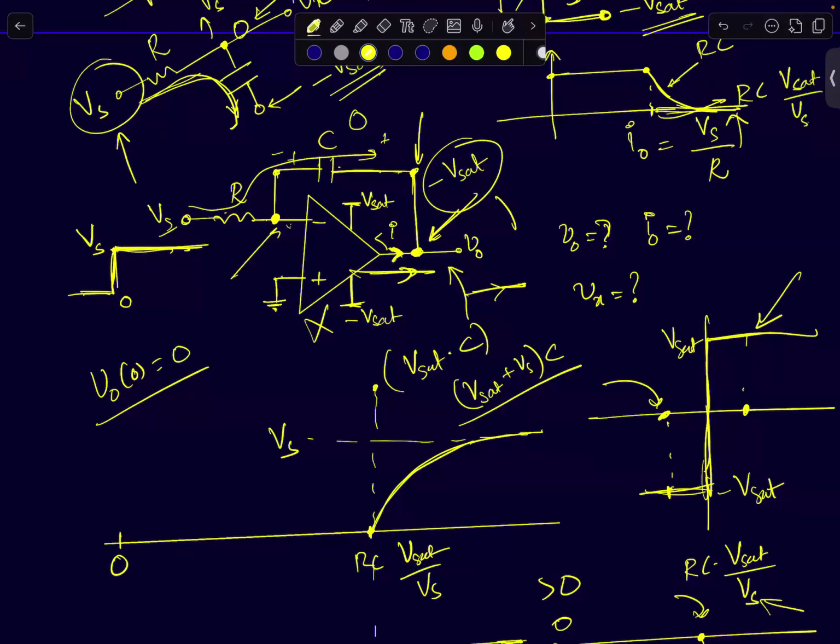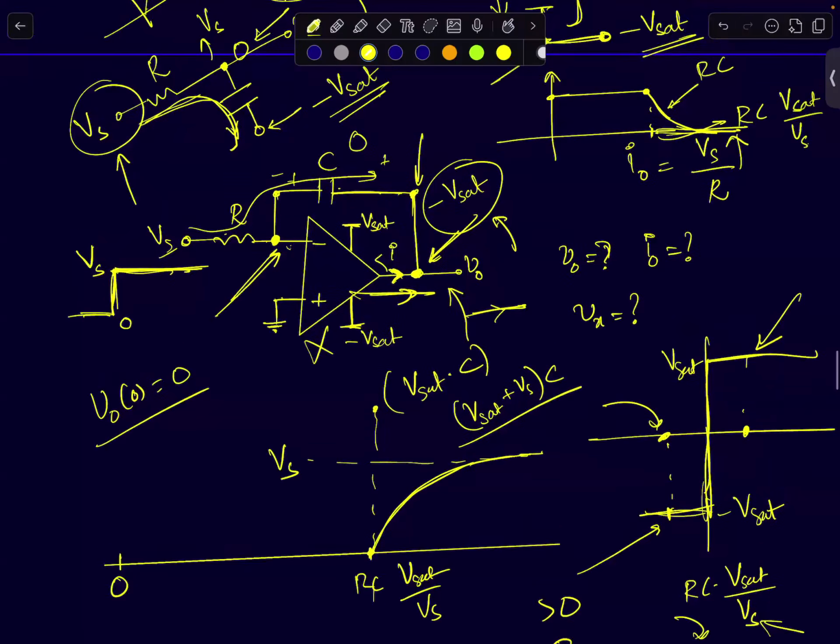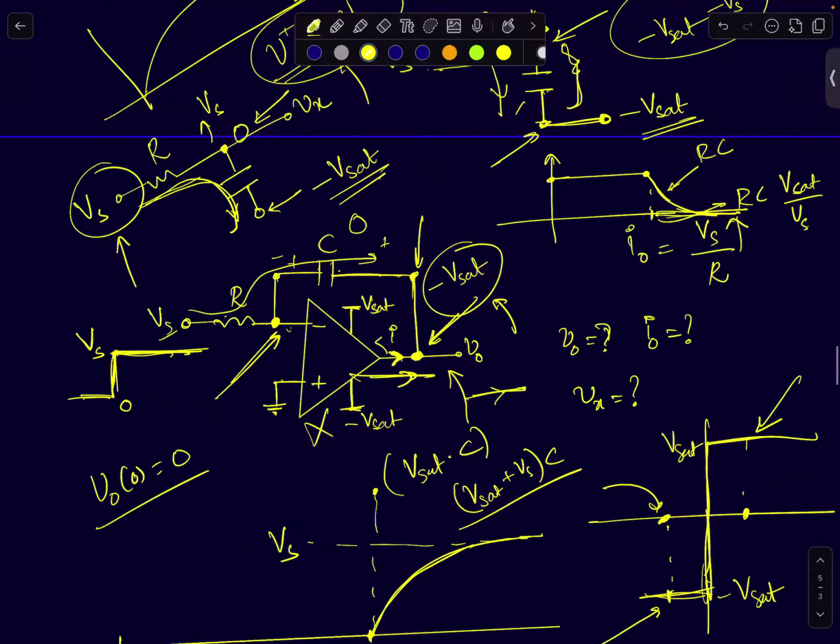Output will stay at minus Vsat, but this node voltage will be at plus Vs. The concept of virtual ground doesn't hold anymore once the opamp's output starts to saturate. So I used 2 to 3 different ideas here: the concept of first order charging, the idea of basic integration, and the saturating nonlinearity of the opamp.